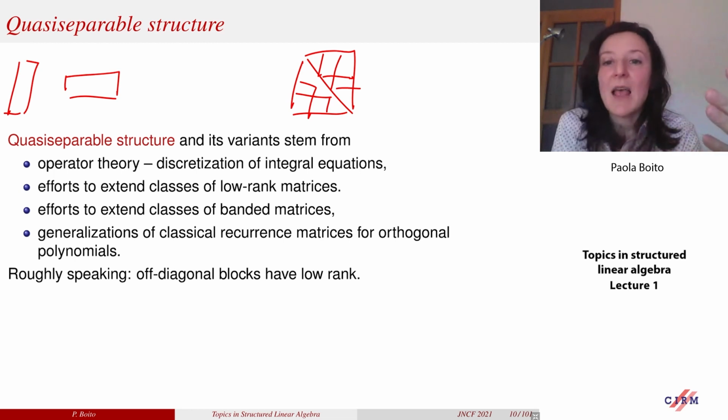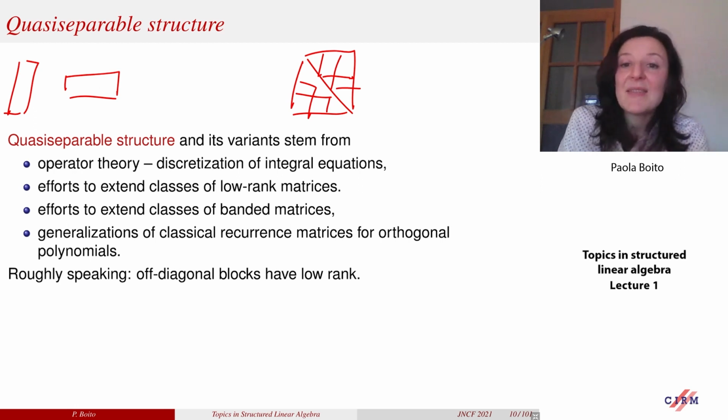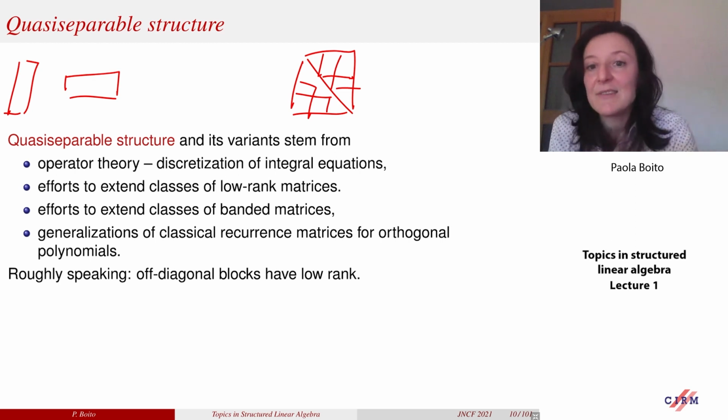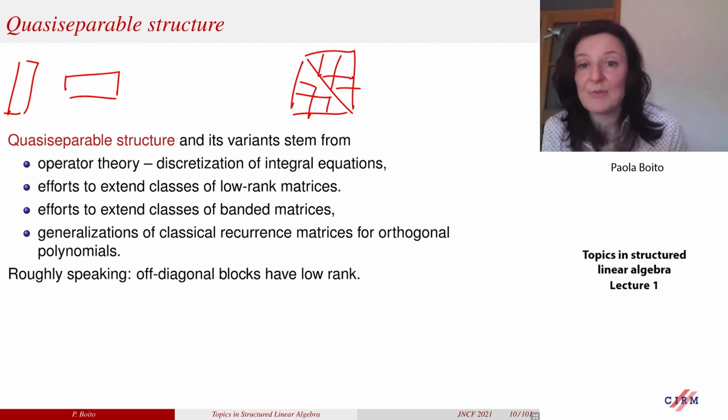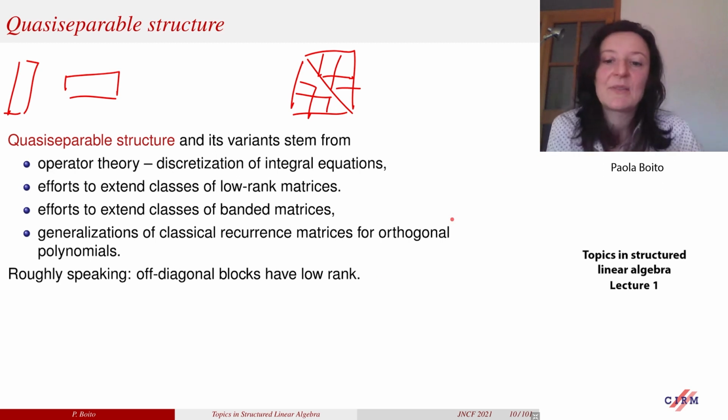But in other examples, like Szegő polynomials, you might get an upper Hessenberg unitary matrix. And this is also quasi-separable, as we will see in a moment. So in this respect, we can also see quasi-separable structure as a generalization of the structure of recurrence matrices for classes of orthogonal polynomials.